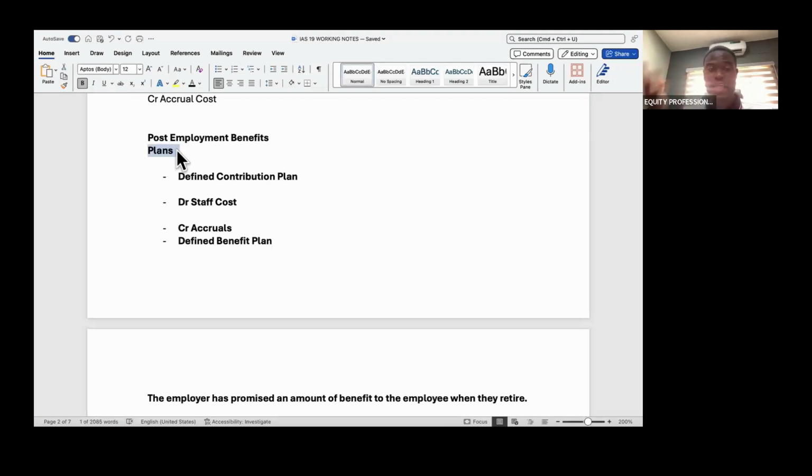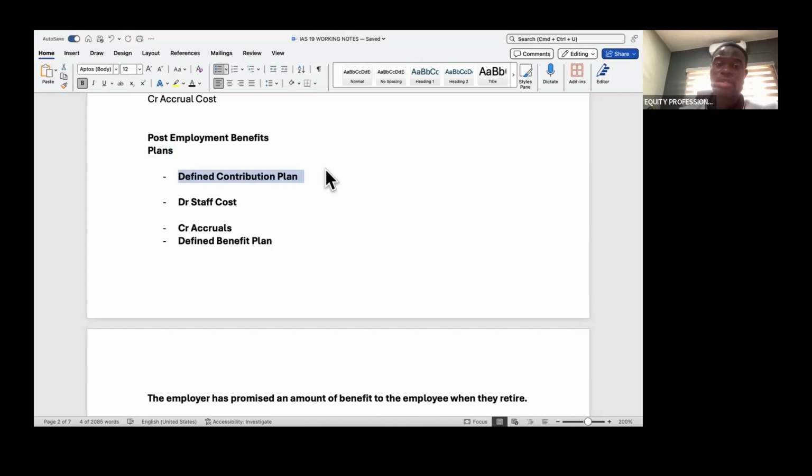The standard IAS 19 says that these plans, we can either have defined contribution plans or we can have defined benefits plan.